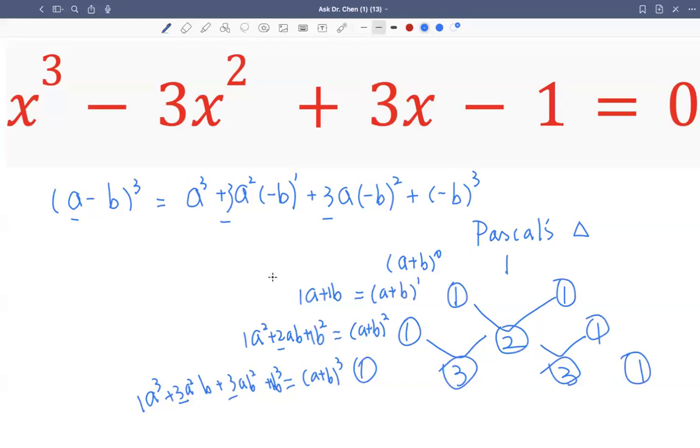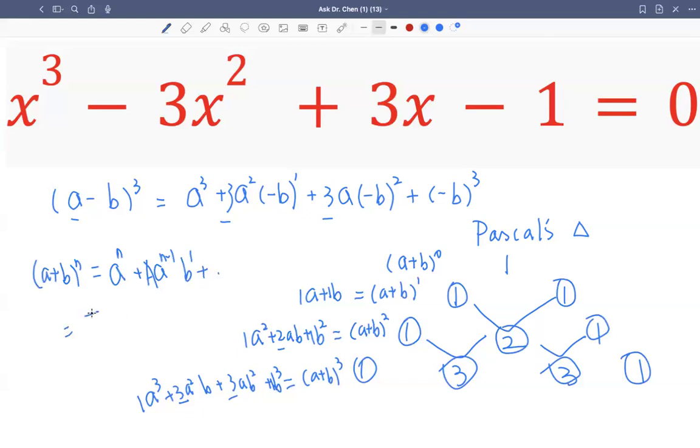So it's Pascal's triangle. And then the pattern is if we have (a plus b) to the nth power, we start with a to the nth power. Then the next term will be a to the n minus 1. Of course, we have some coefficient, then b raised to 1. Then this pattern keeps going.